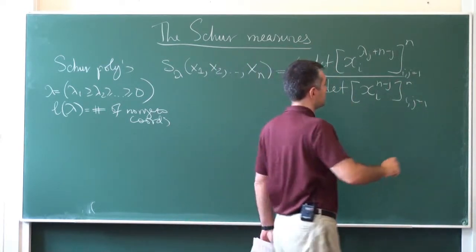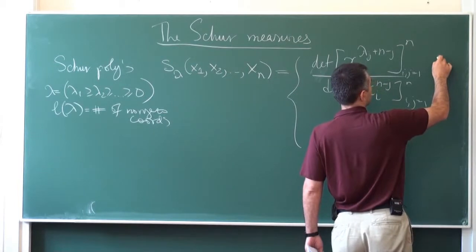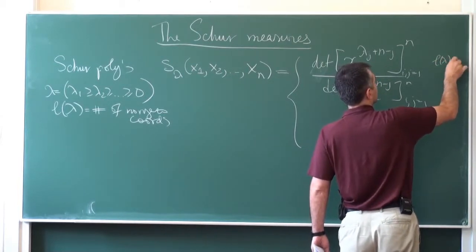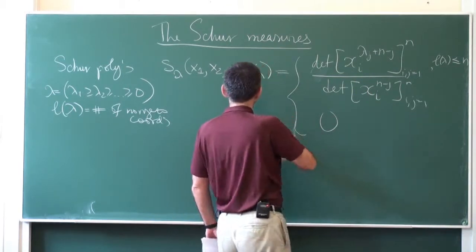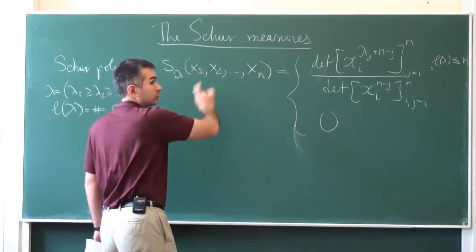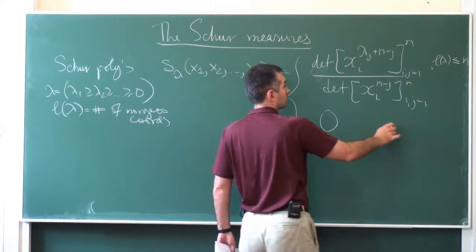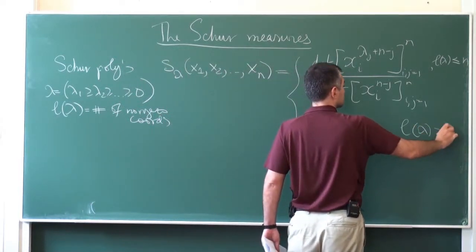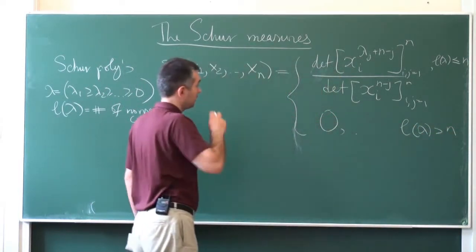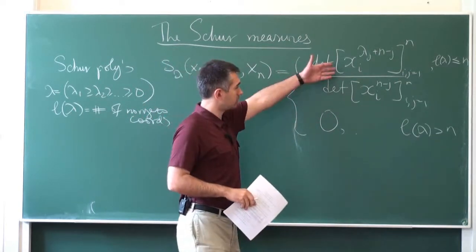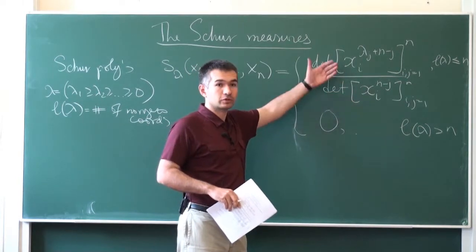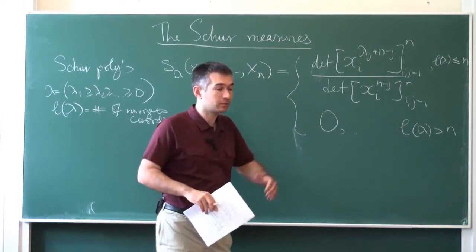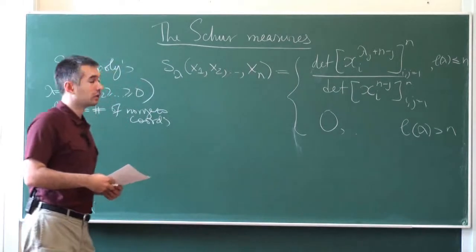And this is in case the number of x's is greater than or equal to the length of λ, and 0 otherwise. So if the partition is too long and you don't have enough x's, then this is 0. So this is not a rational function. This is actually a polynomial. This is a Vandermonde determinant. It's easy to see that this thing is divisible. You get a symmetric polynomial in x variables.